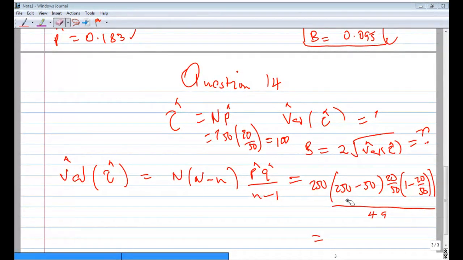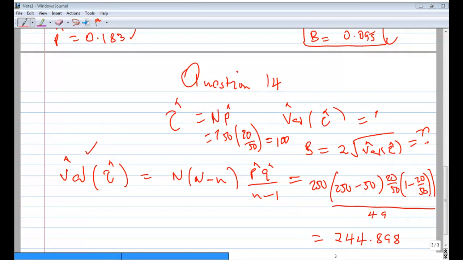Then just try to calculate it. 250 minus 50 is 200. It's 244.897. It can't be 0.something, so that is why I was wondering. Let me just write mine down. This is the estimated variance.